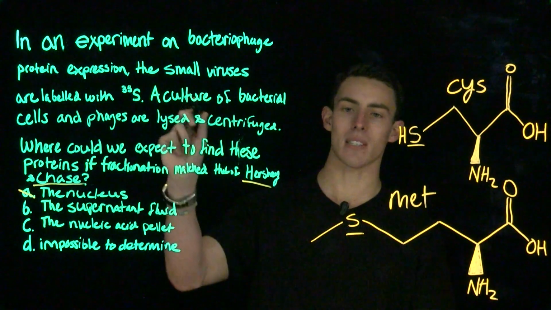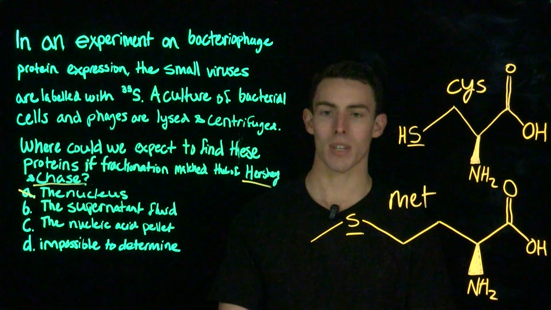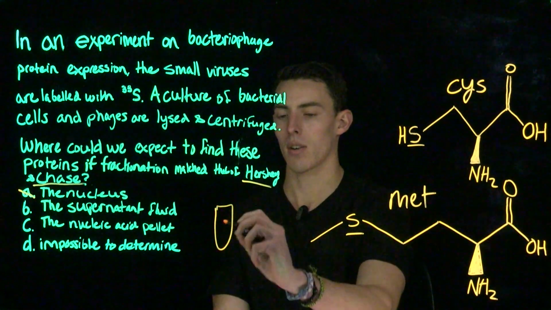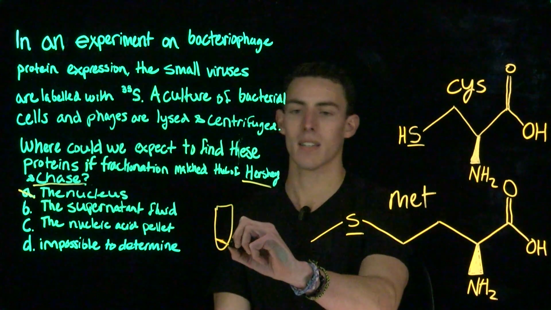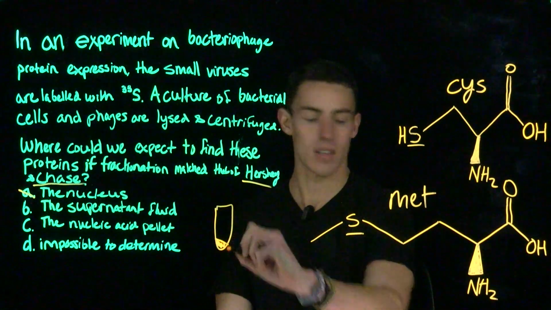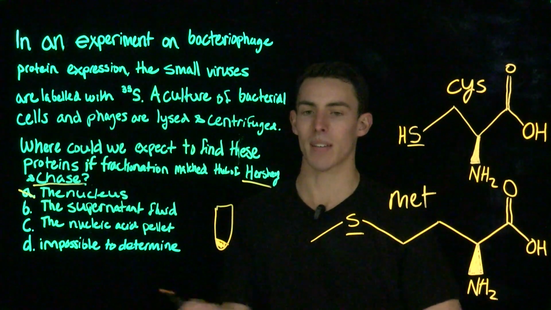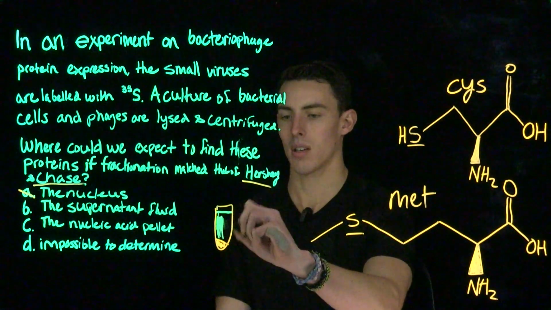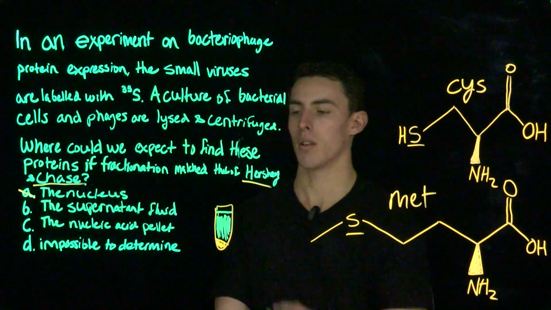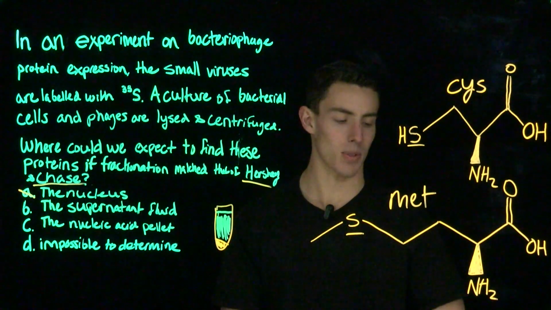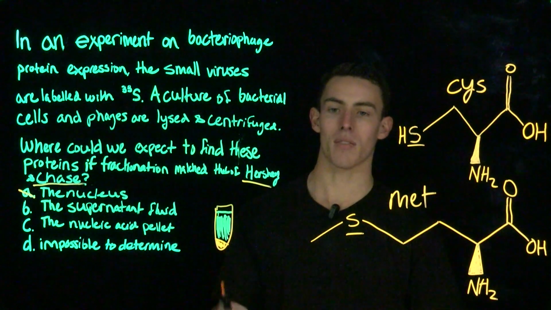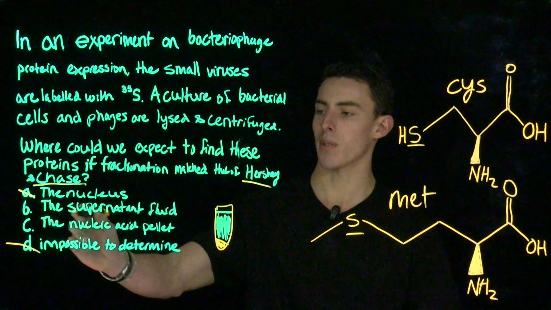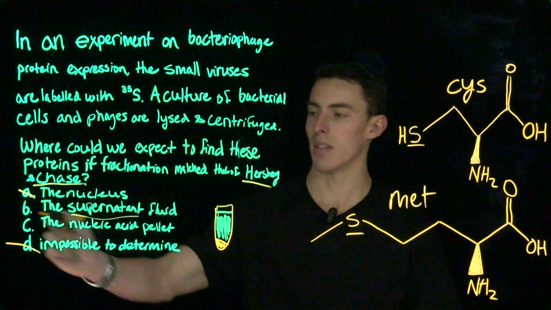Even though this isn't exactly looking at what the Hershey-Chase experiment was looking at, we know that from the Hershey-Chase experiment, in our fractionalization, we had a pellet that had the DNA in it, and we also had supernatant fluid where the protein content was found. So we know it's not impossible to determine, and based off of this diagram right here, we can conclude that the protein content would be in the supernatant fluid.